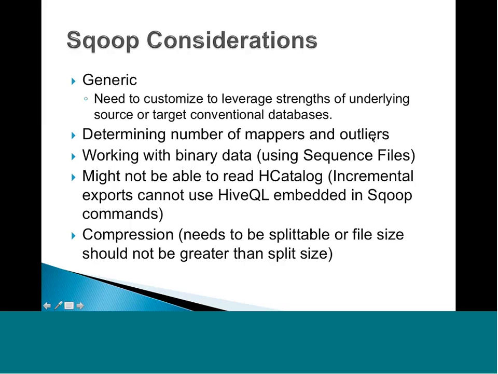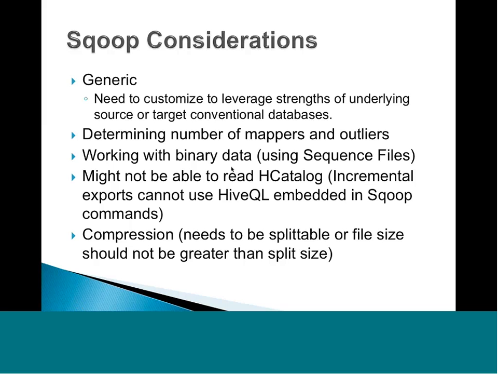Determining the number of mappers and outliers. When it comes to Sqoop import, it is very important to determine the number of mappers, because if you are copying a very large table and you specify 20 mappers, it can backfire and take all the resources on the database, and it can impact the performance of the core applications running on the database.